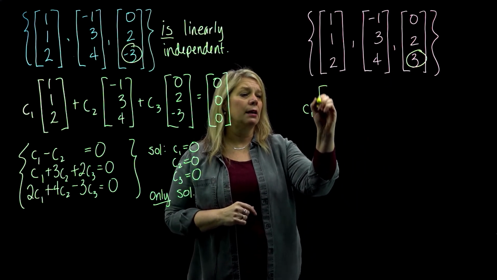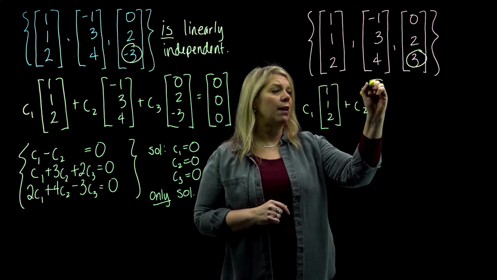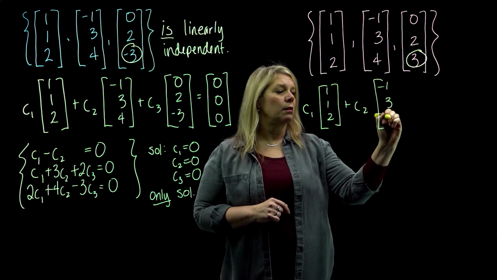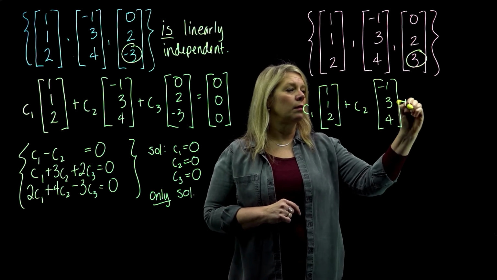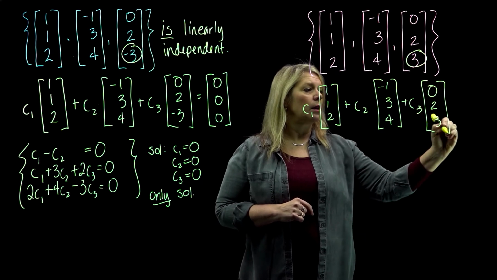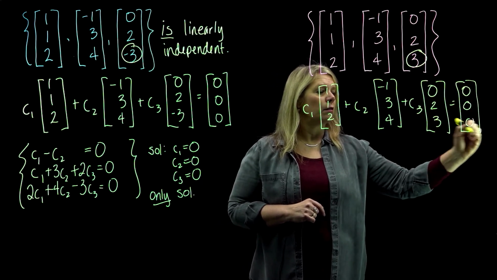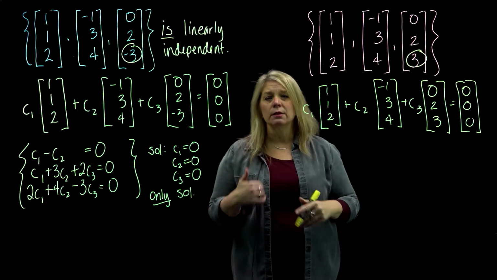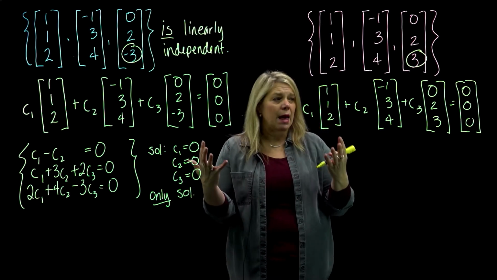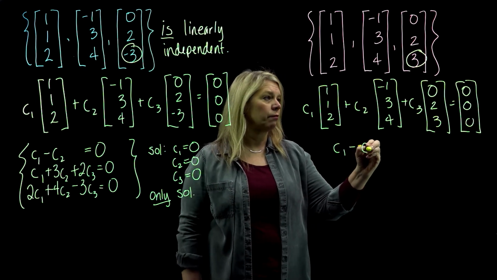So I'm going to take a linear combination of my vectors equal to the 0 vector, write down a system of equations, and use whatever method is appropriate to help you solve that system of equations.